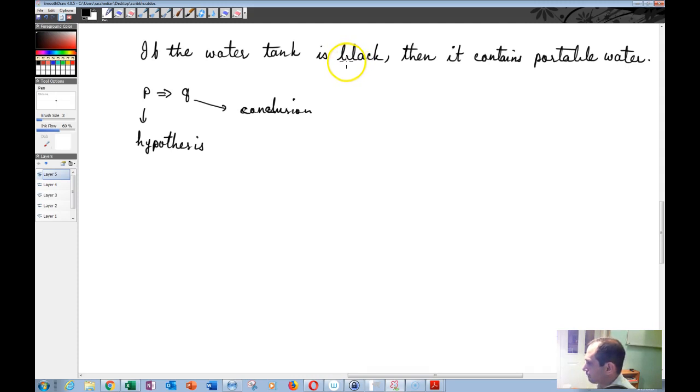Now if you interchange the hypothesis and conclusion, what you will get is Q implies P, and that would be the converse of this statement.